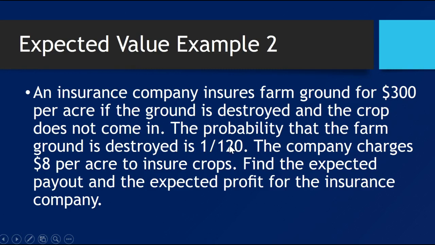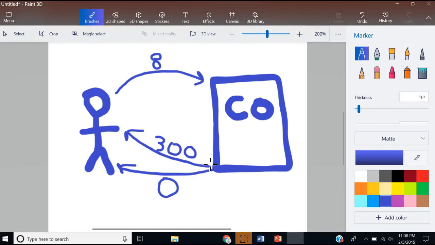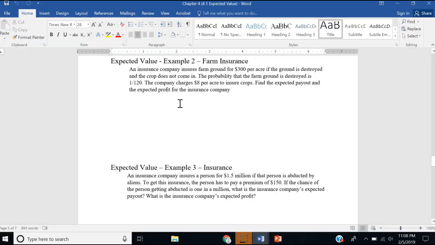This means that we can create a probability distribution for the expected payout of the insurance company. When I say the expected payout, I'm just talking about this bottom part of the picture. When we get into the profit, then we'll tack on this guaranteed $8.